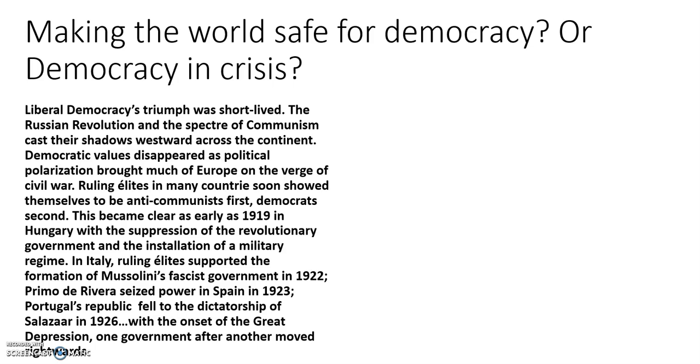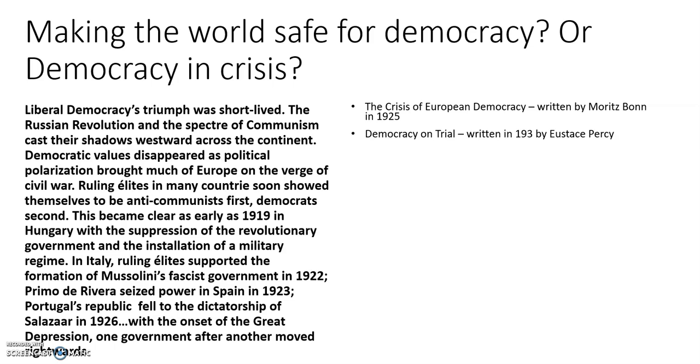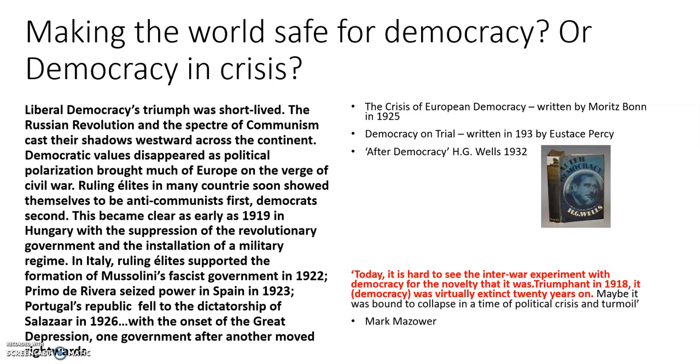So if we look at what writers thought about what was going on in Europe, you can see there's a real sense of pessimism. 1925, Moritz Bonn writes The Crisis of European Democracy. Democracy on Trial, I think that was 1932. After Democracy, H.G. Wells, 1932.